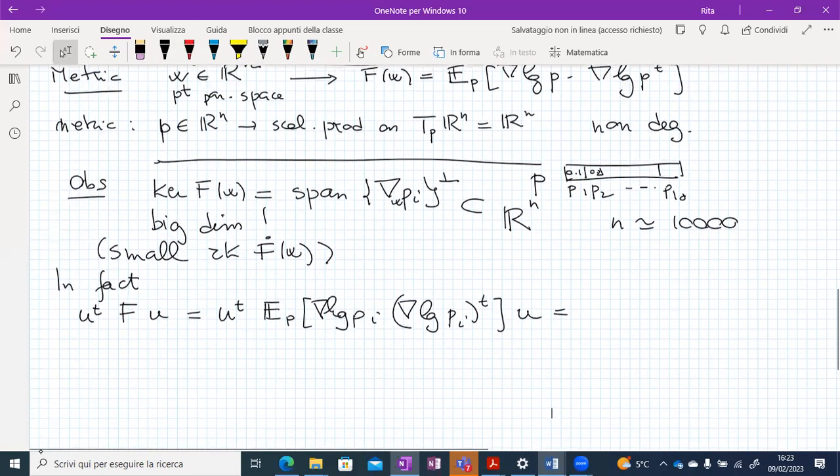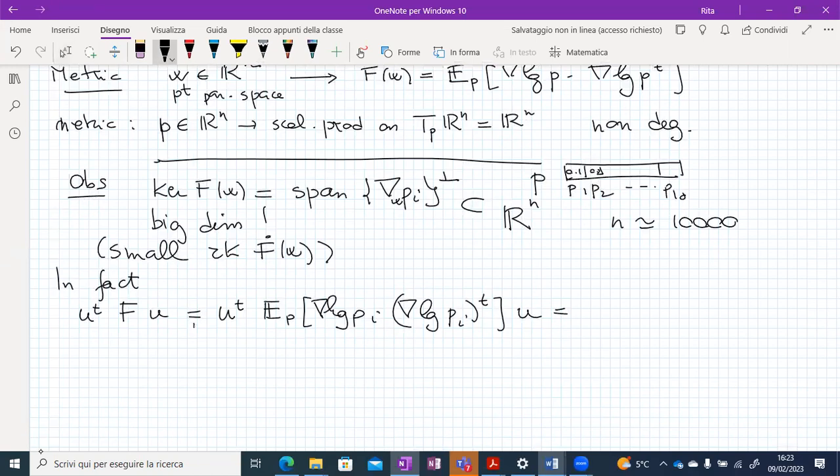So what you have here is the summation of P_i, and then I do a multiplication. I have to multiply vectors, and the gradient is a vector. My vector u is also a vector. So I should write something like u scalar product with the gradient of the logarithm of P_i.